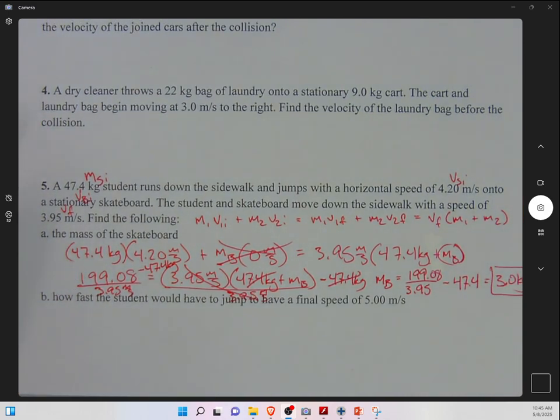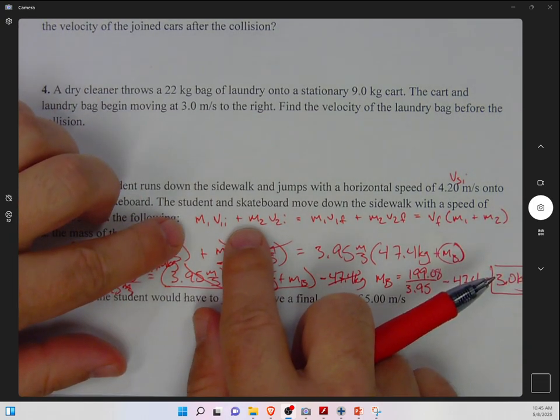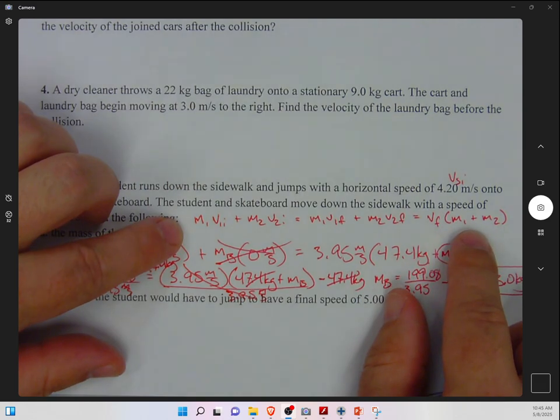All right, let's do part B here. We have the same situation. B asks how fast the student would have to jump to have a final speed of 5 meters per second. Now I'm not going to repeat the part where I defined this here.